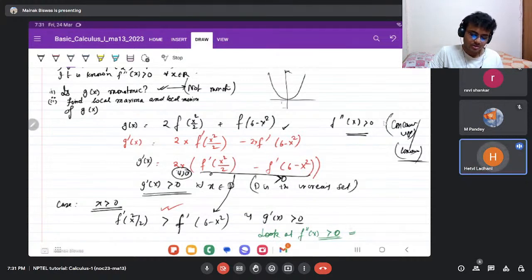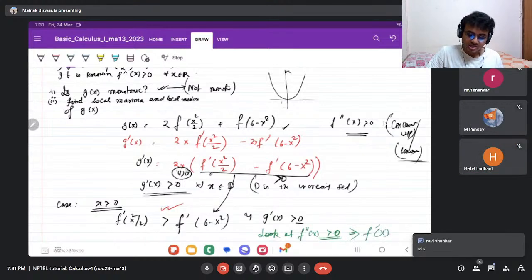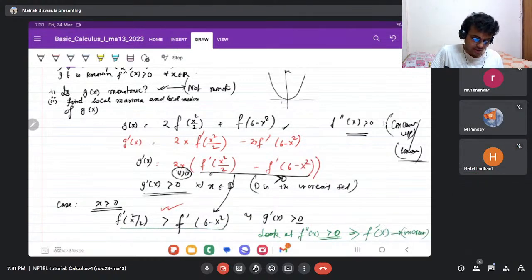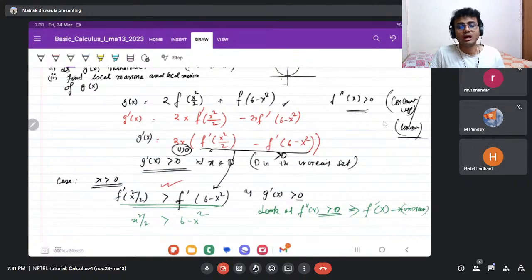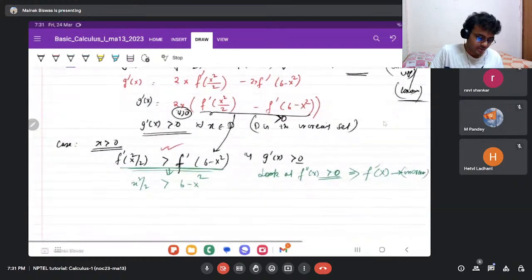f dash x is increasing, correct. But how will I get the value of x for which this is true? Now, f dash x is increasing means this will be greater only when x square by 2 is greater than 6 minus x square, right? This is how you will use calculus. This is why calculus is so great.